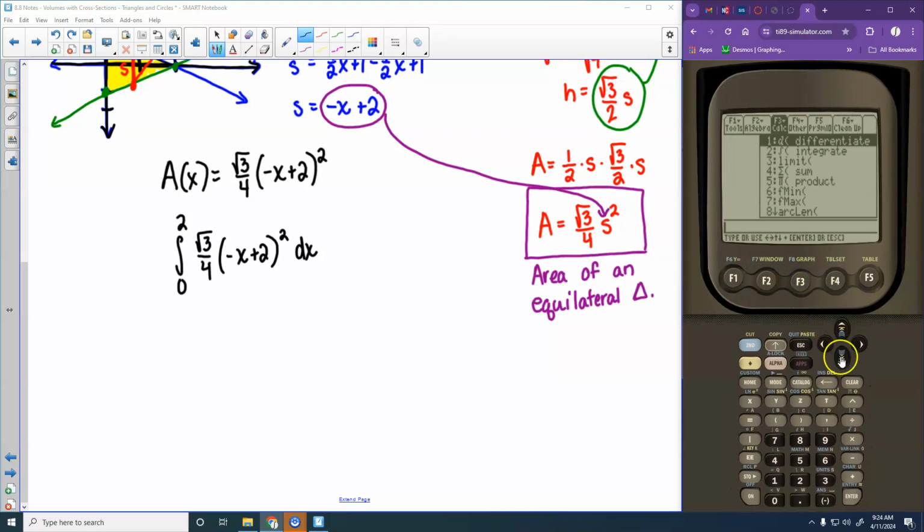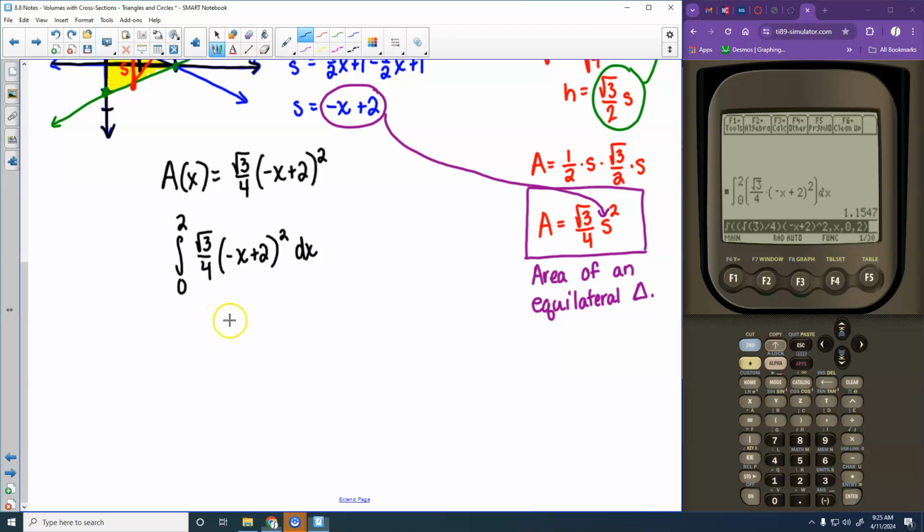So we are going to integrate, and we need square root of 3 over 4 times negative x plus 2 squared. We're going to put comma x, comma 0, comma 2. And I'm going to hit the green button before I hit enter. 1.1547.